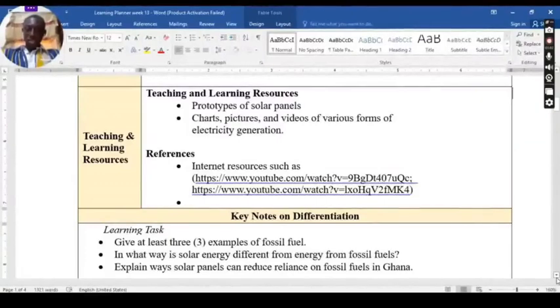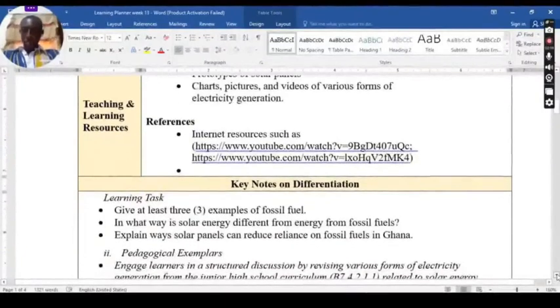But if it is only the teacher who bought one graphic, picked out some information from it, then used it to teach the learners, it is not a TLR, it is a reference, because it's only the teacher who used that graphic. He did not distribute it to the learners. So take note of this part. You have to separate them into two portions.